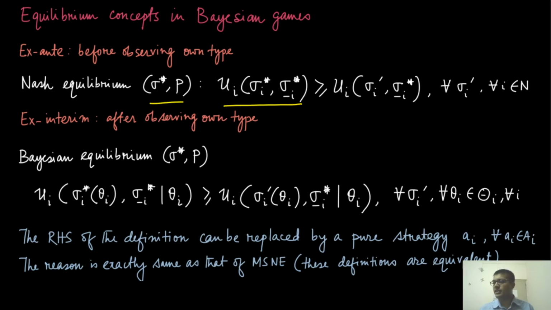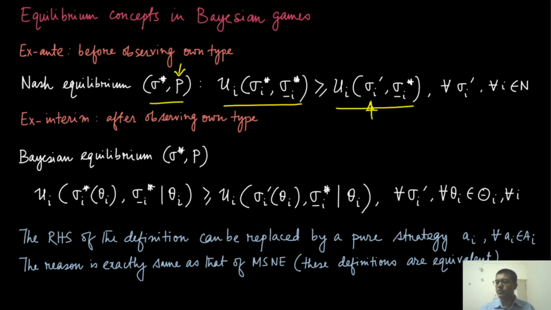And if that is at least as much as the ex ante utility when agent i is changing its strategy to σ_i', if this inequality holds for every σ_i' and for every player, we call this σ* a Nash equilibrium with respect to this common prior in this Bayesian game. So here we have one additional feature because these games are not deterministic games.